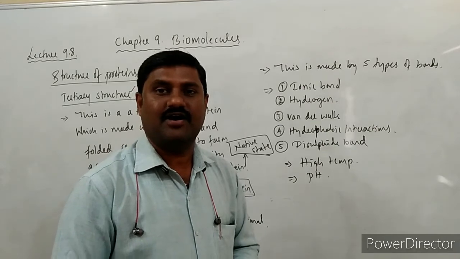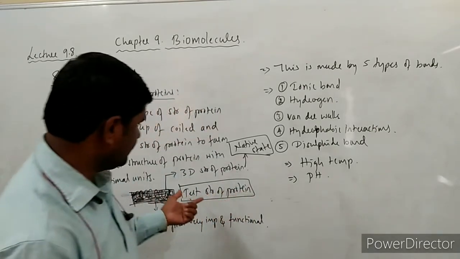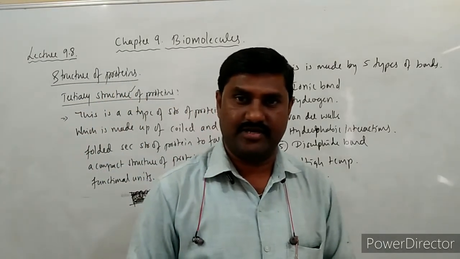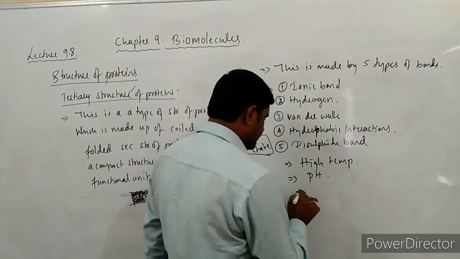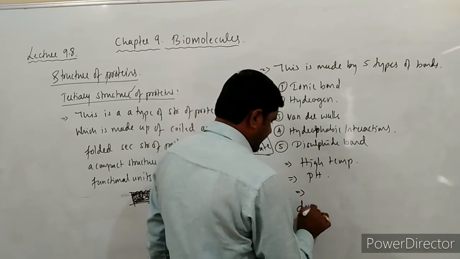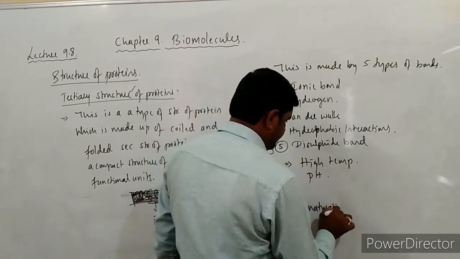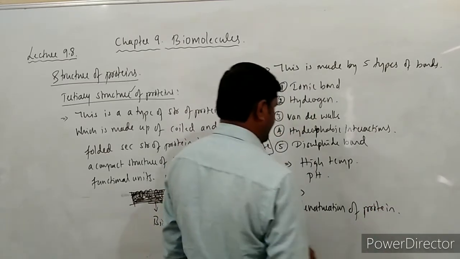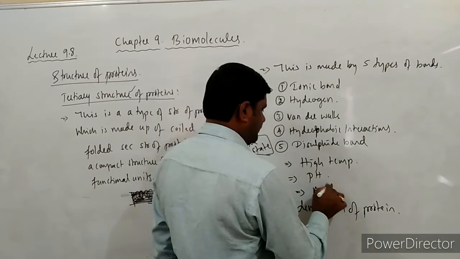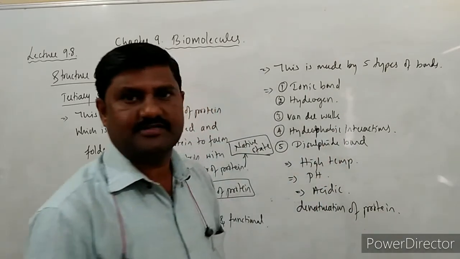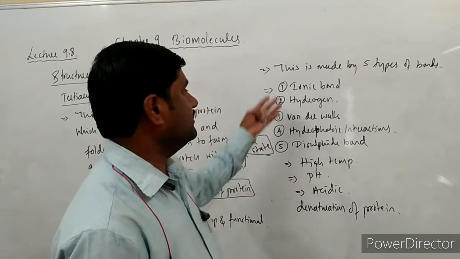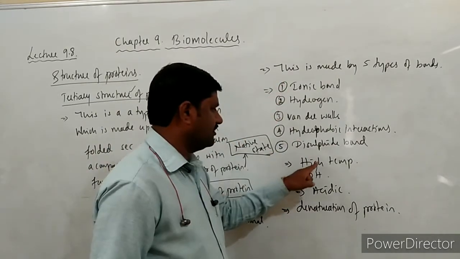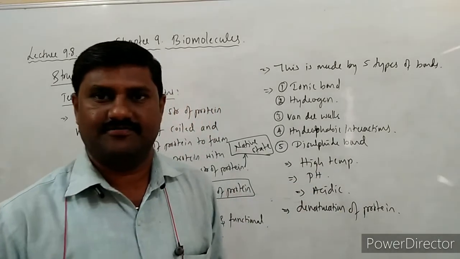This process of breaking of the tertiary structure or the 3D structure of the protein molecule is called denaturation of protein. Acidic nature also, so many factors are involved. So denaturation of the protein molecule takes place because of all these factors, right?